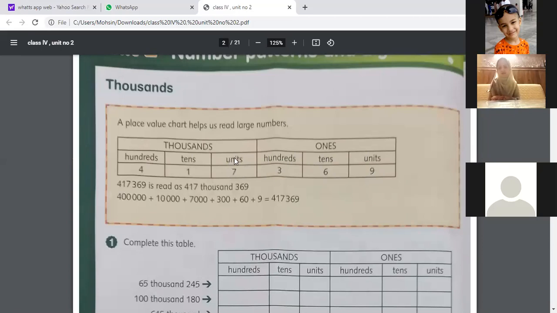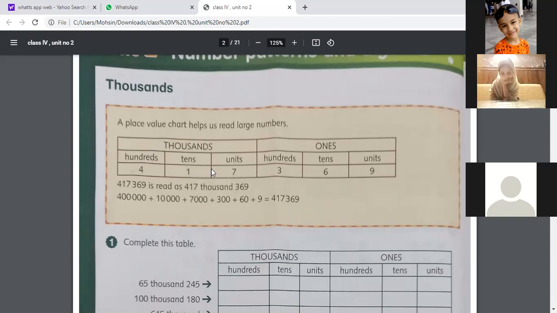Unit means a single thousand. Then 10,000: there are two values of thousands. Then 100,000: it means we have three values of thousands.